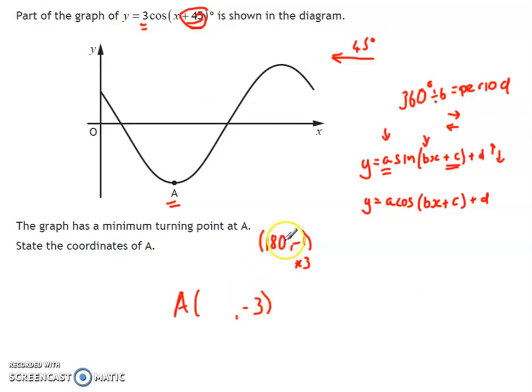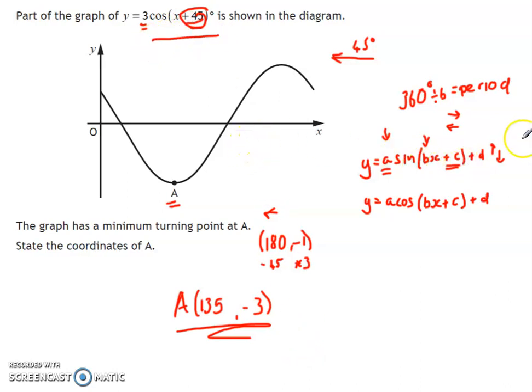So it's going to shift the x part of the coordinate down 45 degrees. So in order to get that, we do 180 and take away the 45. So 180 take away 45 gives me an x part of my turning point of 135 degrees. So that there is now where the turning point of the graph has shifted to when we've done this transformation here.